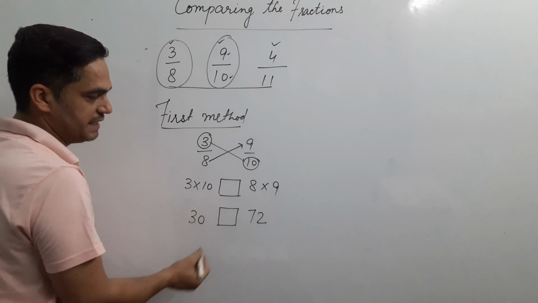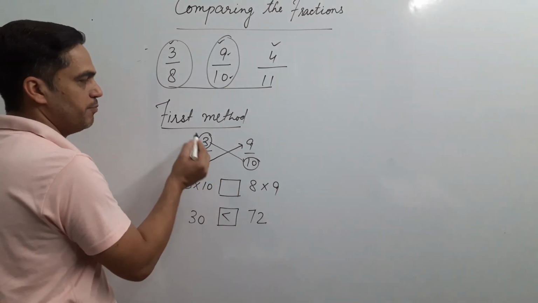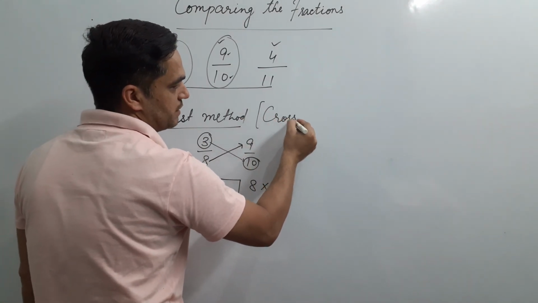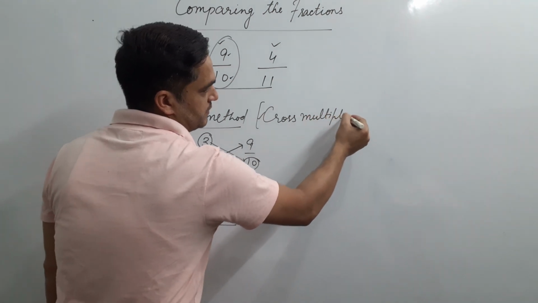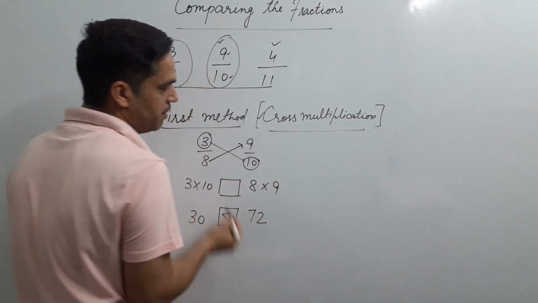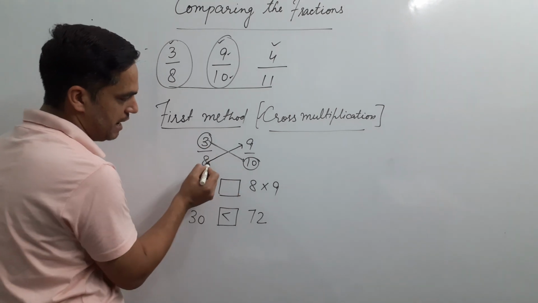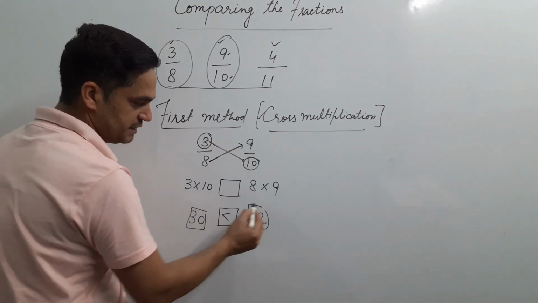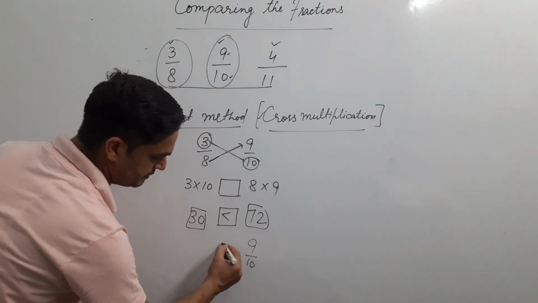So which number is greater? 72 is greater. This method is called the cross multiplication method. By doing this cross multiplication, you can compare these two fractions. Now you can compare which one is greater, 72. So 9 by 10 is greater.